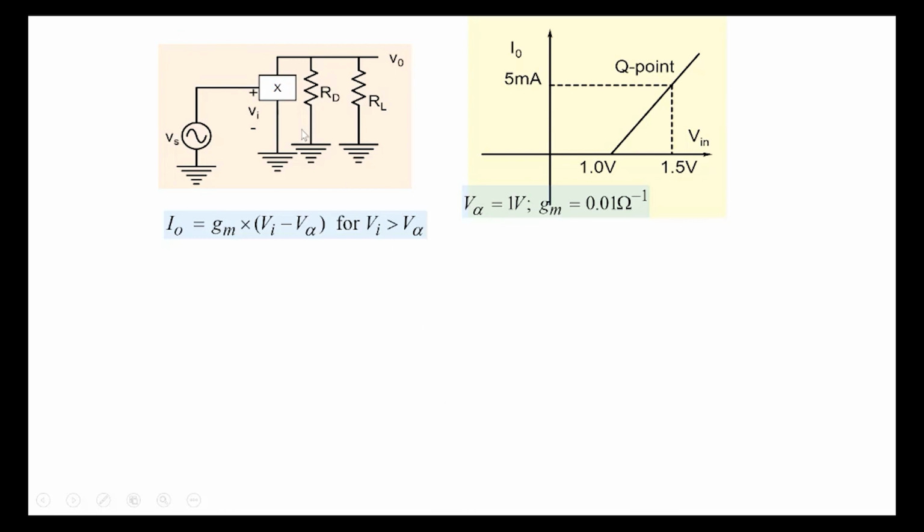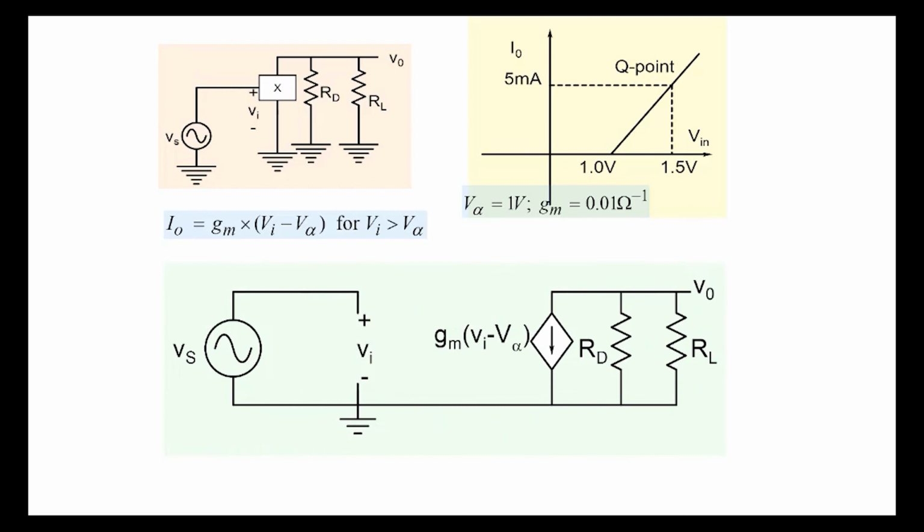Well, okay, so this is the AC circuit here. And note that for the AC part, we apply our sinusoidal signal here. From the input side, it looks like an open circuit because input resistance is infinite. This is VI here. And from the output side, we can represent this characteristic as GM times (VI minus V alpha) when we are in this region.